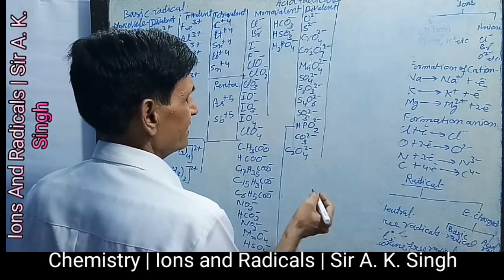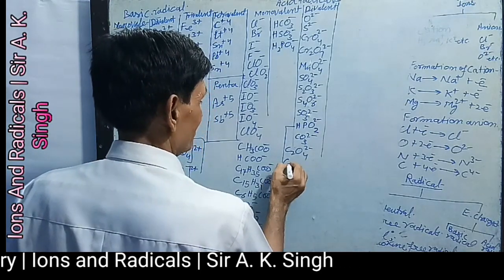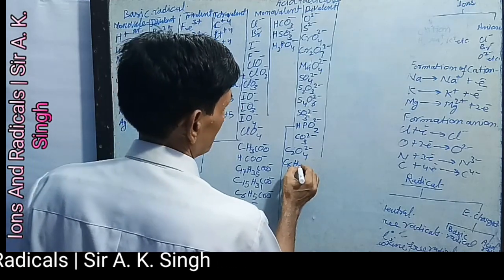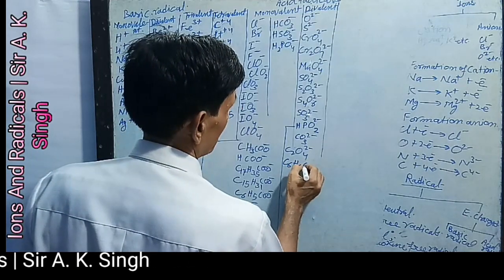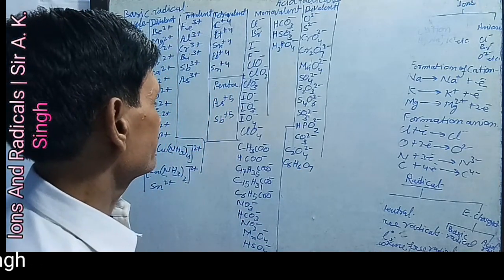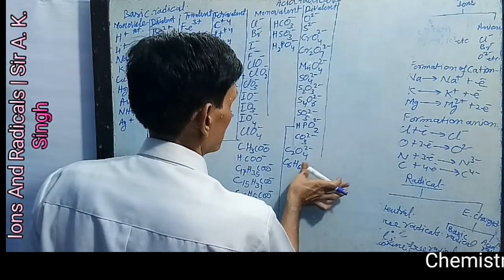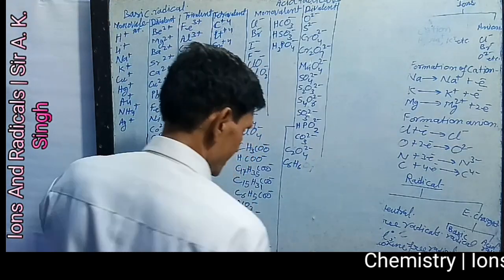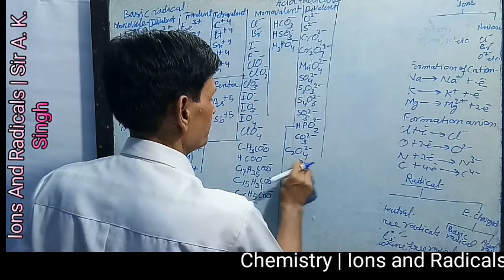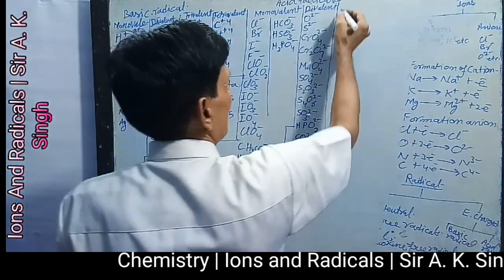Oxalate, citrate, citric acid is there, then citrate. Citrate is tricarboxylic. Citrate has 3 carboxylic groups. Oxalate. Remember this, I will tell you again.